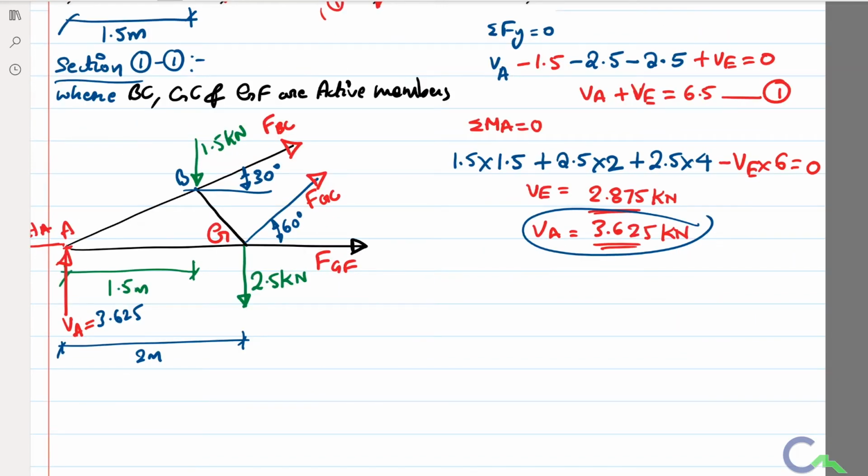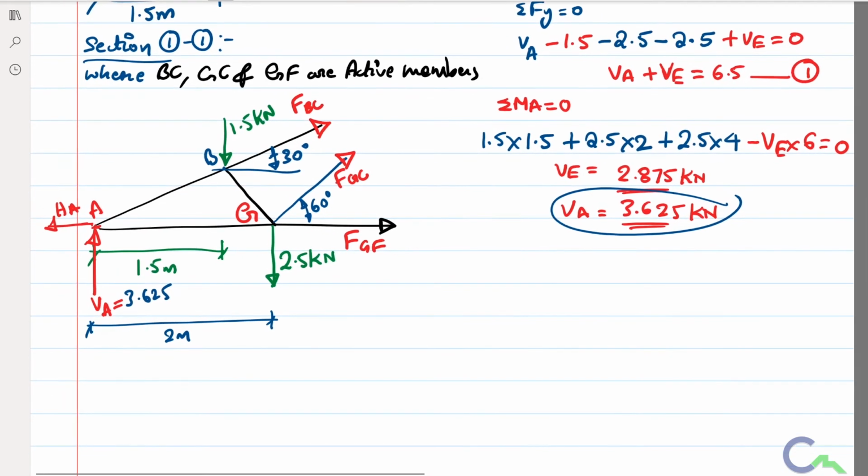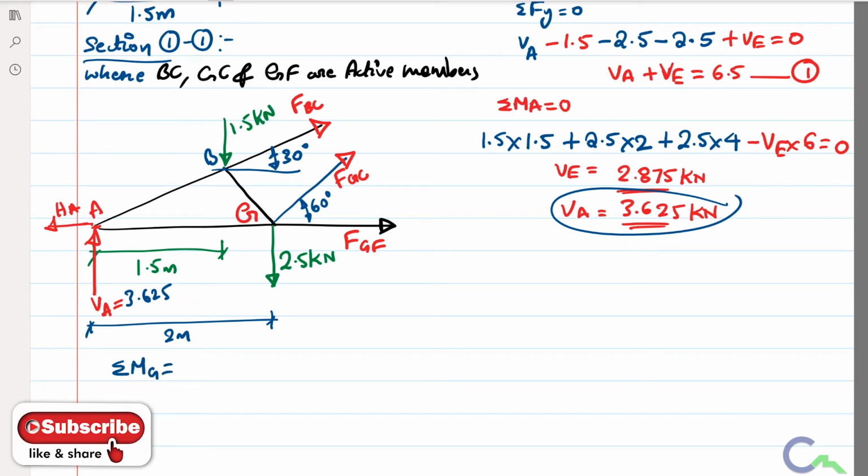After drawing the free body diagram, I have to apply the equilibrium condition on this system. This is coplanar non-concurrent force system. Therefore we have three equilibrium condition. So first equilibrium condition, I want to apply summation of moment about G is equal to 0. Why I am going to apply this as first condition? If I see that point G, the two unknown forces are meeting at that point.